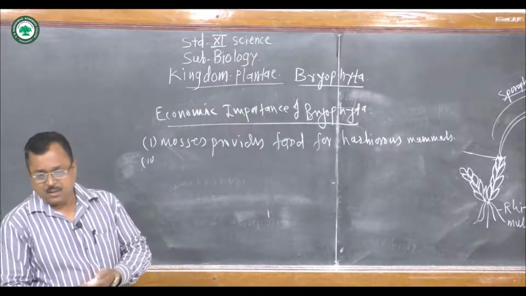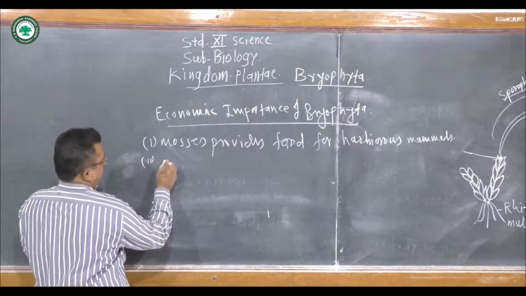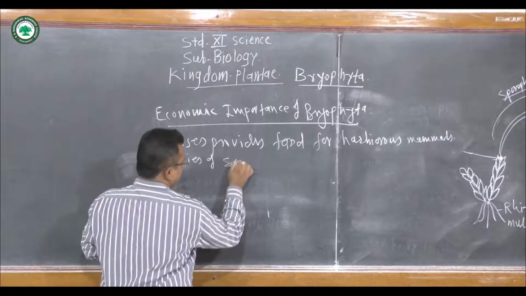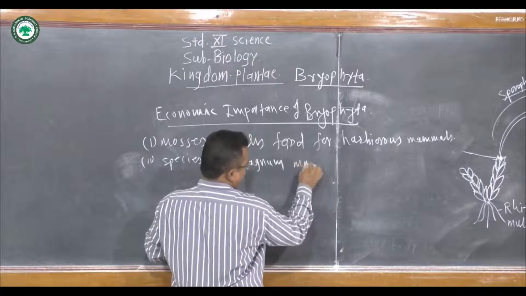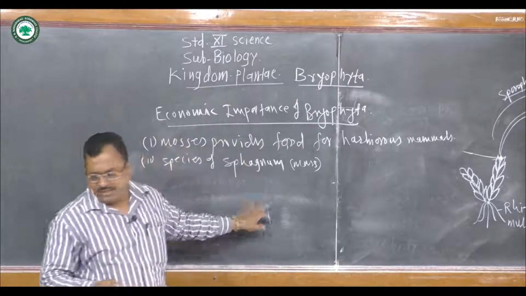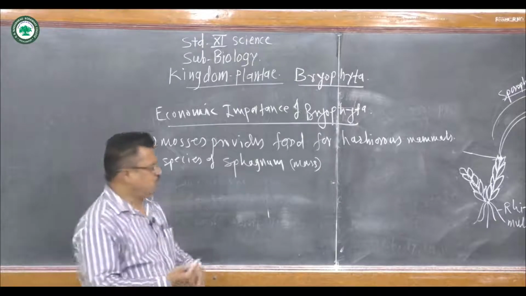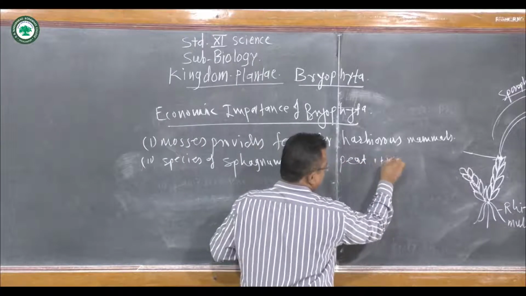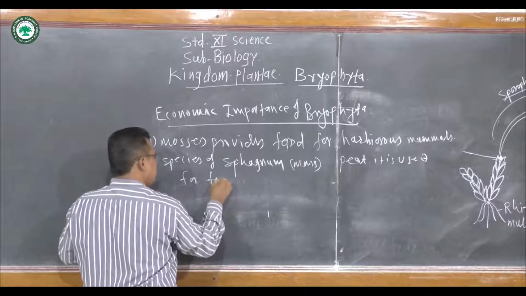Sphagnum is a bryophyte, a moss that provides peat, used for fuel.